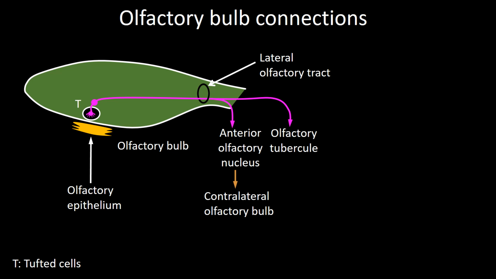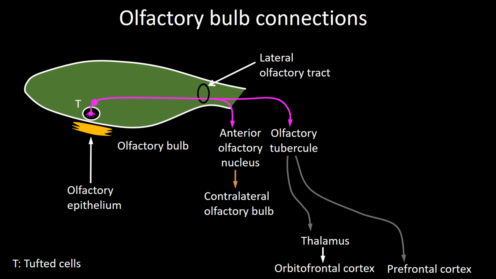Tufted cell axons will also reach the olfactory tubercle. From the tubercle, fibers will go to the thalamus, and from the thalamus to the orbitofrontal cortex. Fibers from the olfactory tubercle will also reach the prefrontal cortex.